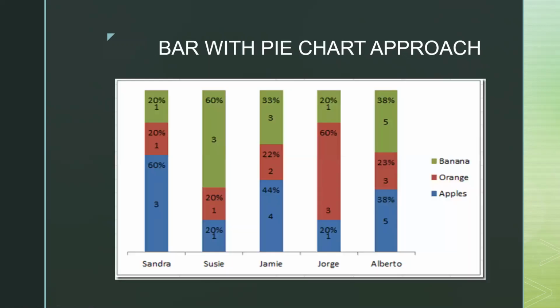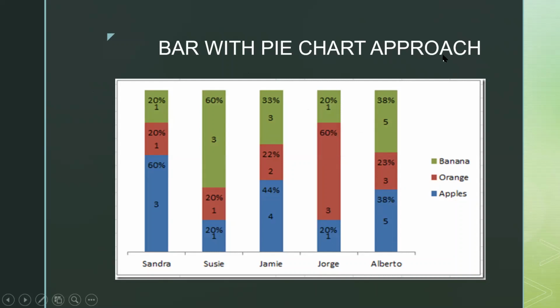So this is a bar with pie chart approach. Of course, the pie chart is equal to 100%. It's a circle totaling 100%. If you're going to add them all, if you sum them up, it's a total of 100%.